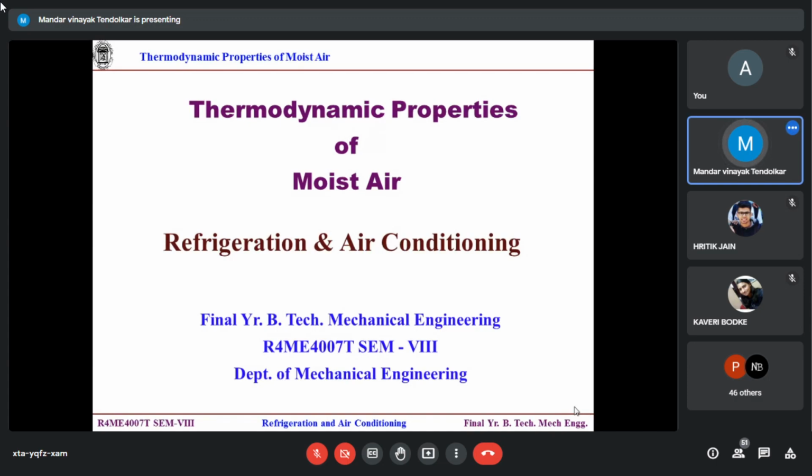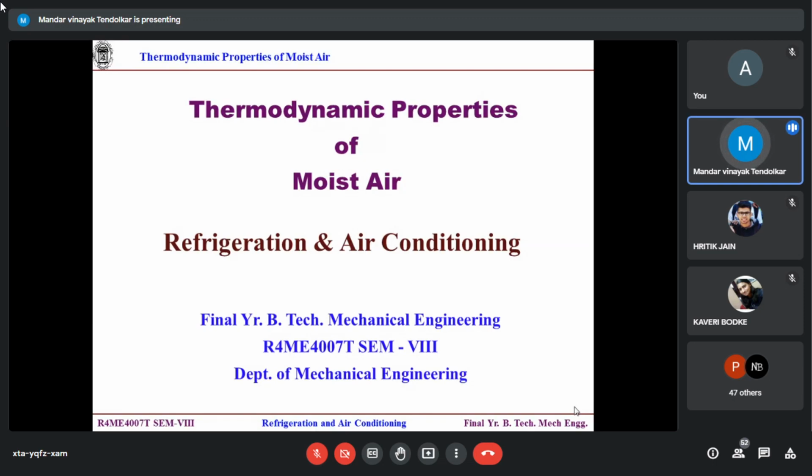So now if you recollect whatever we had learned in the chapter for the vapor absorption refrigeration, the same logic will be applied over here. If you read the title of the chapter given, thermodynamic properties of the moist air. So moist air is treated as the binary mixture of dry air and the water vapor.